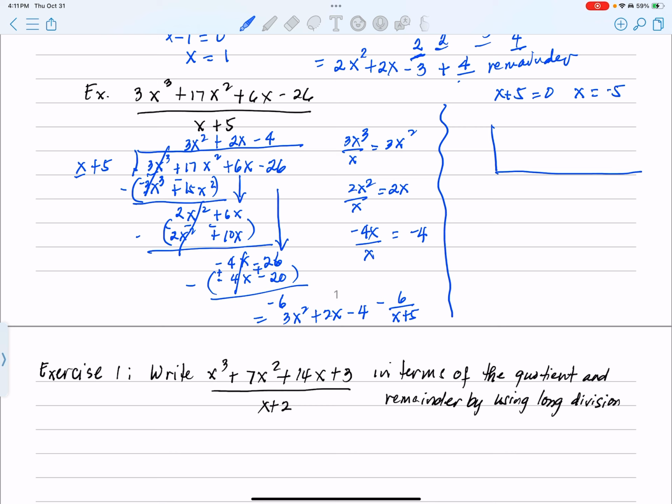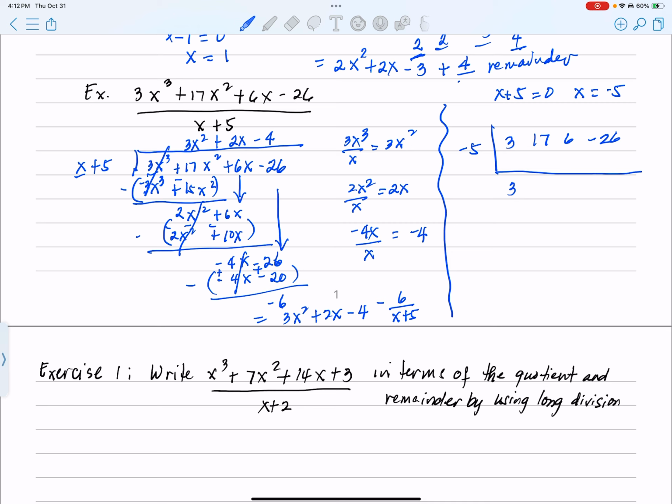Our divisor would be negative 5. Let's list down the coefficients. So 3, 17, 6, and negative 26.